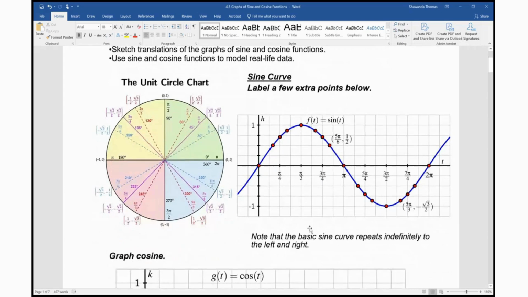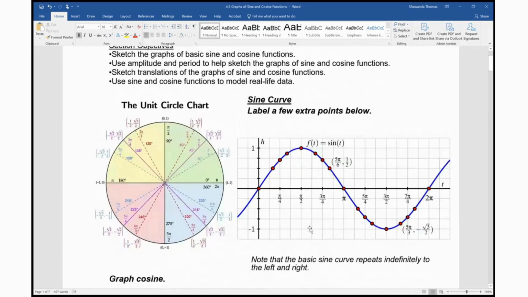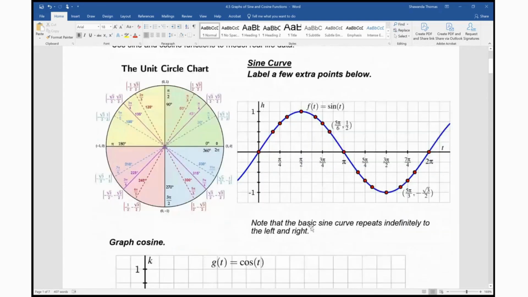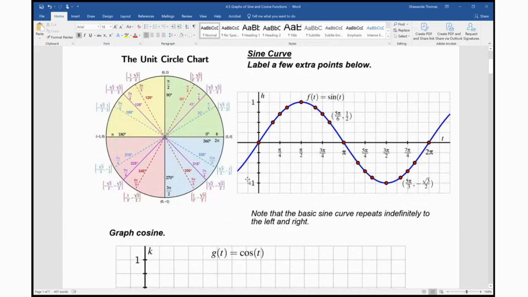All right, let's see how this sine curve here relates to the unit circle. So notice that we have sort of like an x and y axis here, or in their case they use t instead of x and f of t instead of y, but of course it's the same, right? They're just using t and f of t.